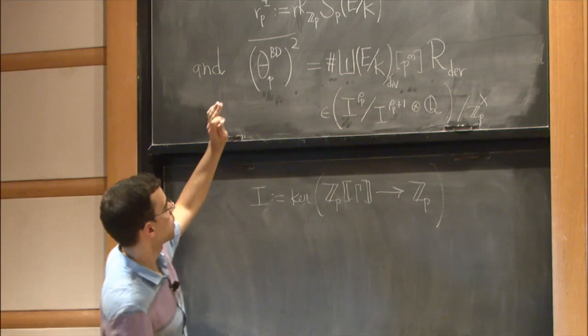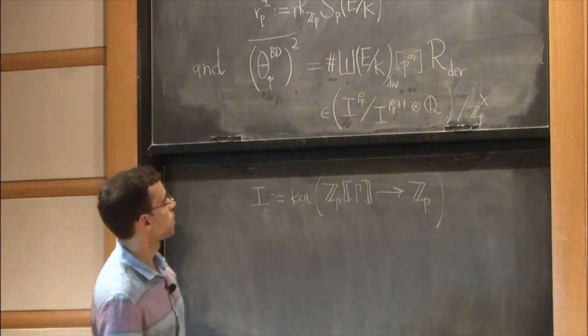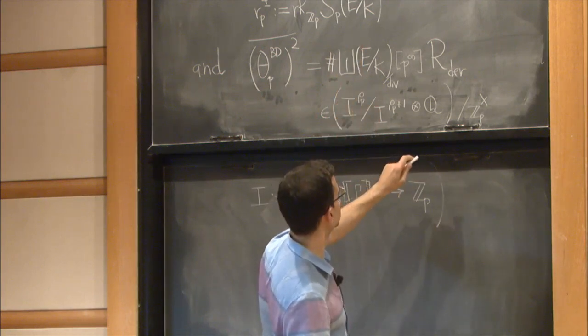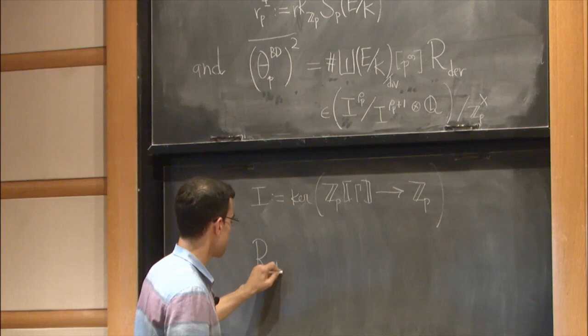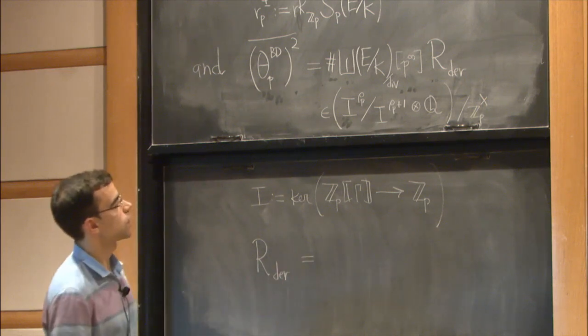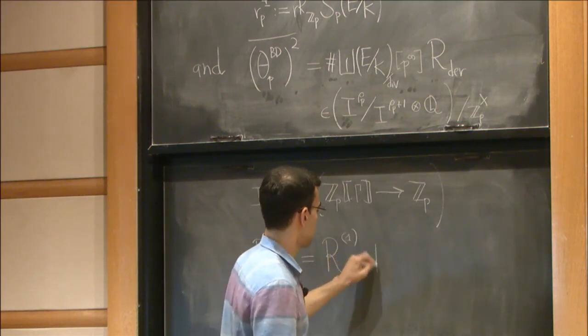And now what is this derived regulator, which will actually address this strange thing on the right-hand side? Okay, so R is actually a product of two regulators really, R1 and R2.